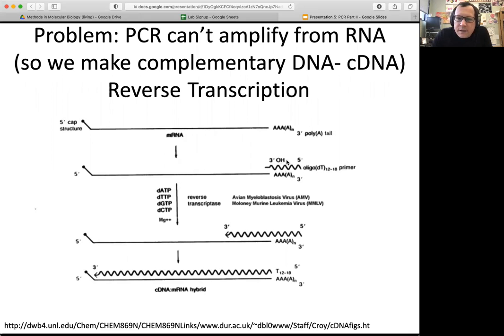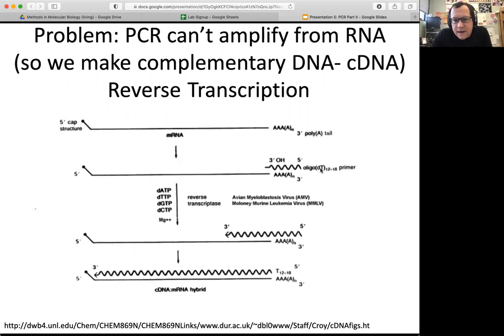And so if we add the primer as a string of T's, those T's are going to base pair with A, and we call this oligo dT. Oligo means a short sequence of nucleotides, or a short sequence of anything, but in this context, it's a short sequence of nucleotides.